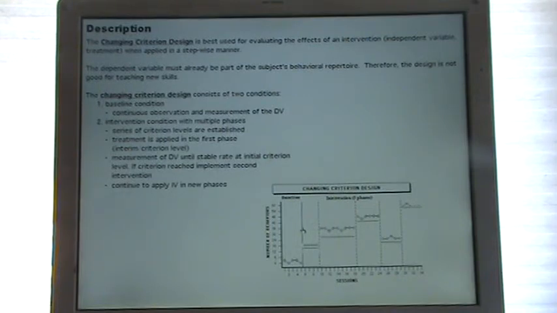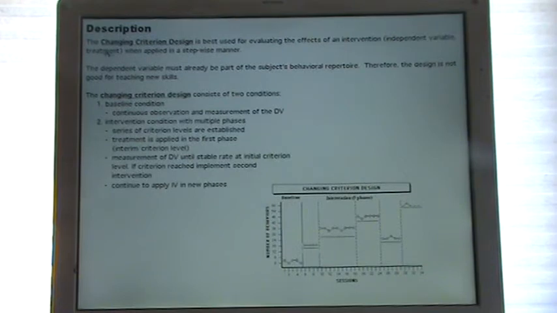So this is all the intervention. This is not the intervention and then back to baseline. But you see these lines are dotted, they're not solid lines, so they're talking about phases. Now these are all phases, and the intervention takes place during all of these.